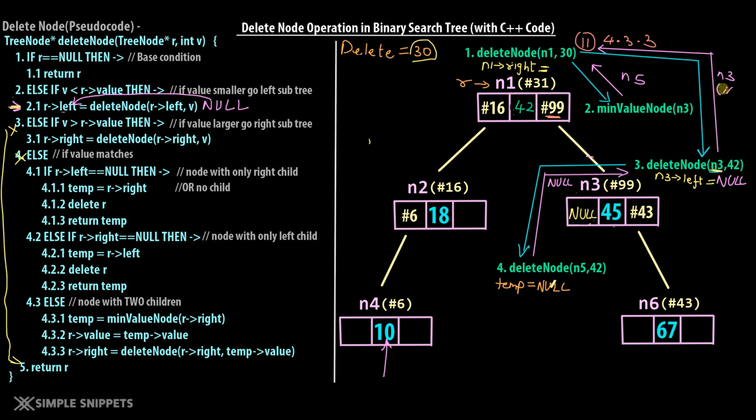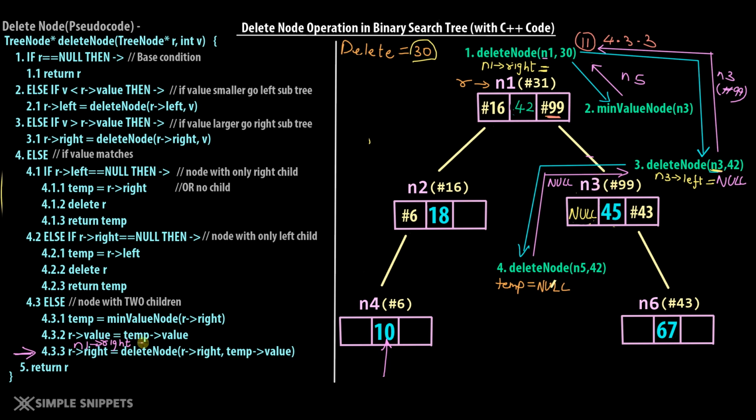It is hash 99. That will be returned and it will be stored as n1's right. So you can see the first delete node was paused at step number 4.3.3. So 4.3.3 is this step where we are saying R of right. So for the first delete node, R was n1. So you are saying n1 of right equals delete node, and this delete node has returned with the address of n3. n3's address is hash 99.